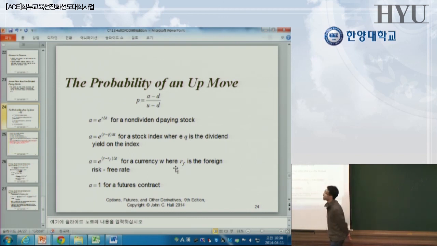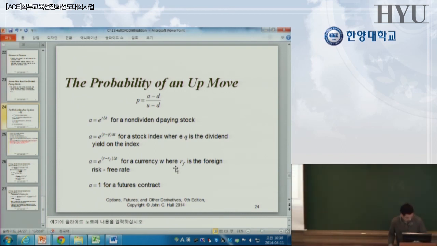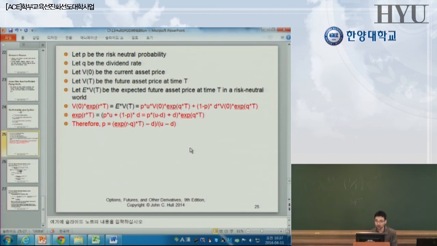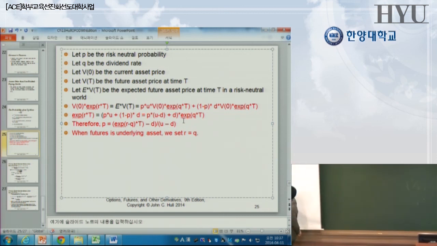Now for a futures contract, A equals 1. When the underlying asset is a futures contract, we argue that this part is just 1, right?